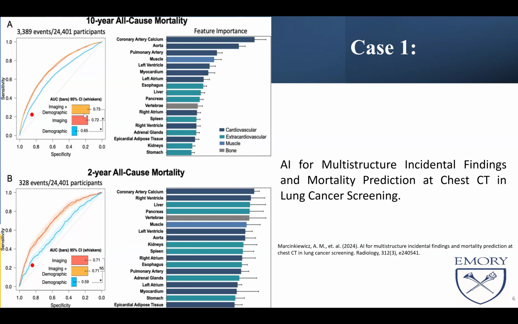For you to know how good this model is, when they used normal demographic information, including the clinical data, that is the data that they generally have from the patient history, the AUC to predict all-cause mortality was just 65%. But when they used imaging, that is features from each of these organs, the accuracy increased by 7%. And when they combined both the clinical information and the imaging features, it increased by 8%. That's an additional 1%, right?